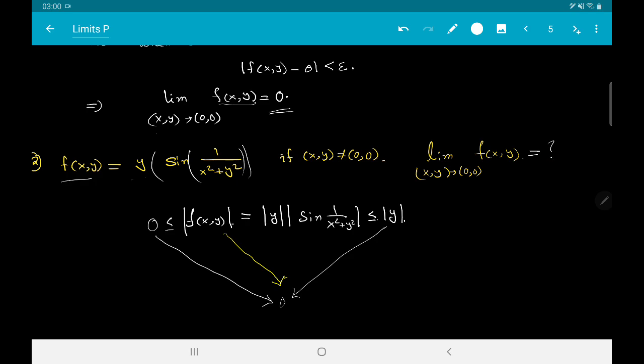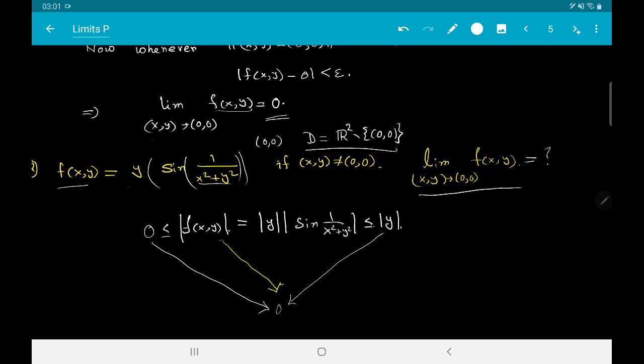And if it exists, what is it? So note that this function is only defined again on R2 minus (0,0), because at this point the denominator will vanish and you cannot compute this. So this is D, and as we have seen before, (0,0) is indeed a limit point of D. So it makes sense to ask if the limit exists as (x,y) goes to (0,0).